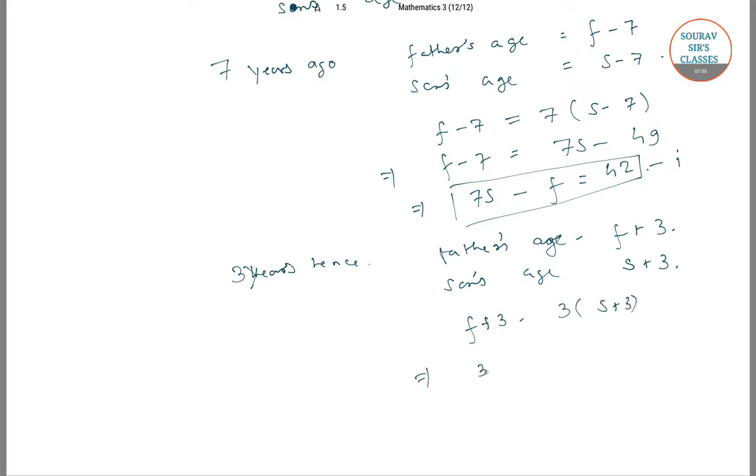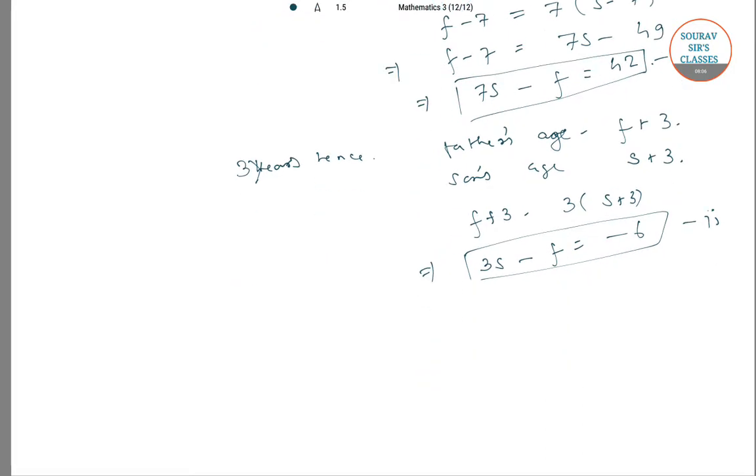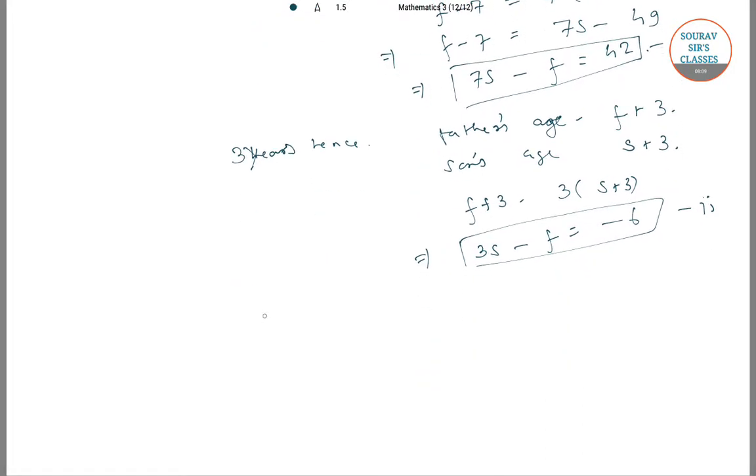This implies 3S minus F is equal to minus 6. This is equation number 2. Subtracting equation 2 from equation 1, we get 4S is equal to 42 plus 6, which is equal to 48. So S is equal to 12. That is, the present age of son is 12 years.